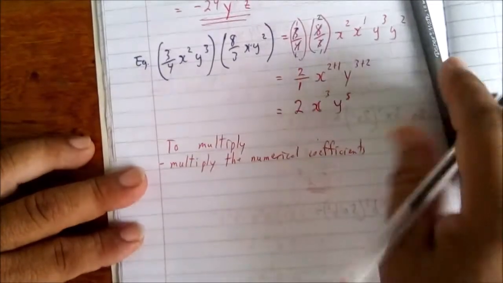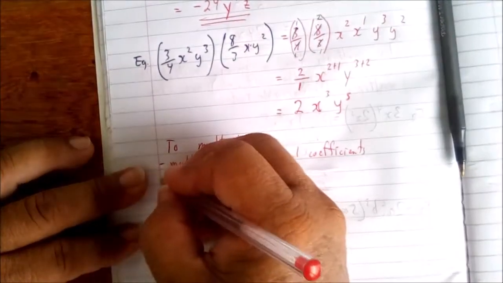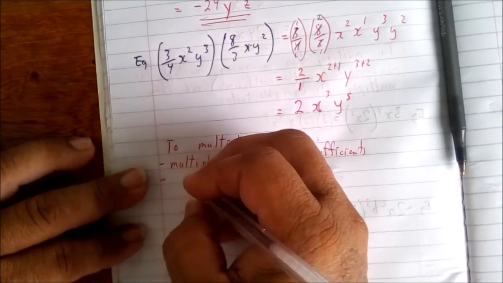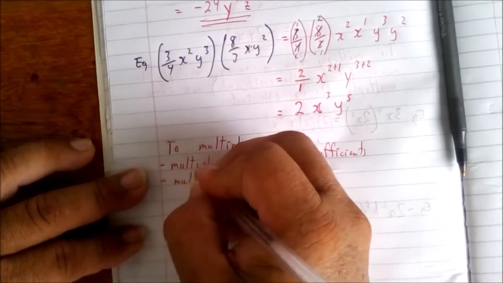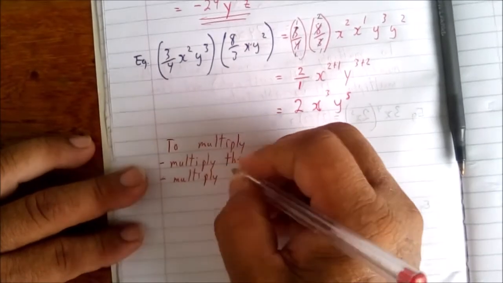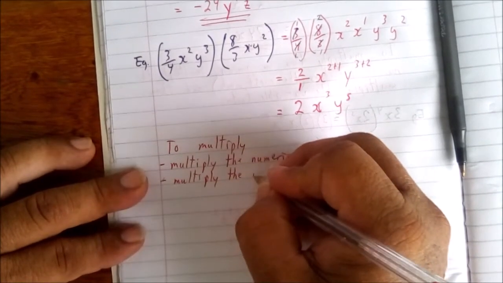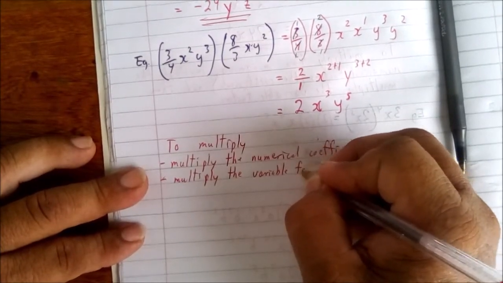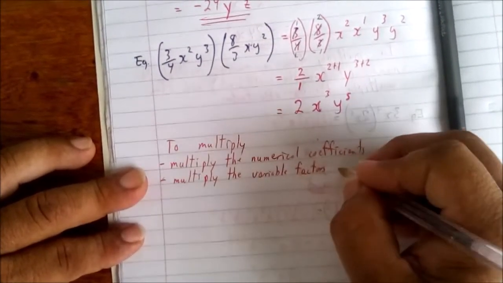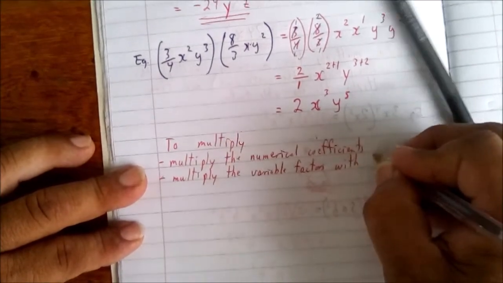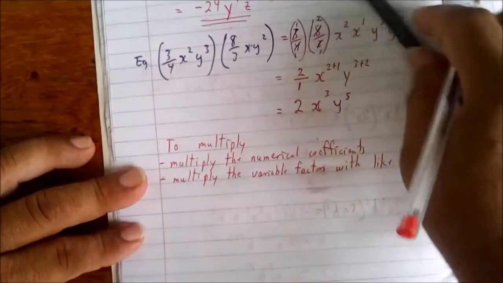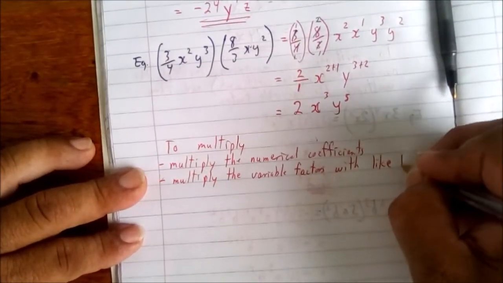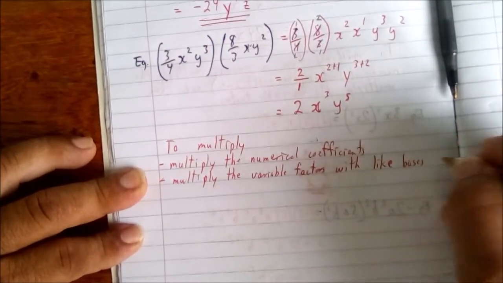And then to multiply the variable factors, multiply the variable factors with like bases.